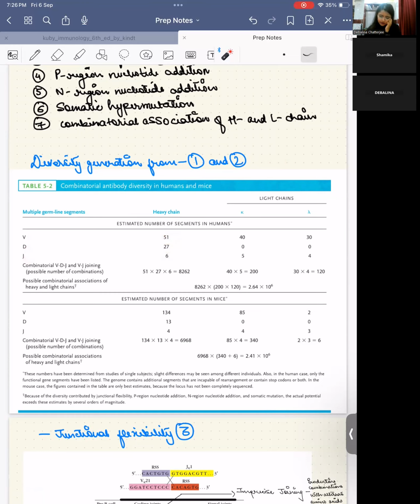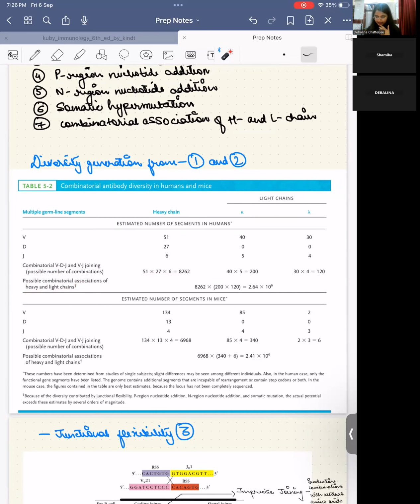So how many possible combinations of the variable region of the heavy chain can be formed? You just have to multiply all these numbers. So the number of combinatorial VDJ and VJ joinings, the possible number of combinations is this many, and then the possible combinatorial association of heavy and light chain.